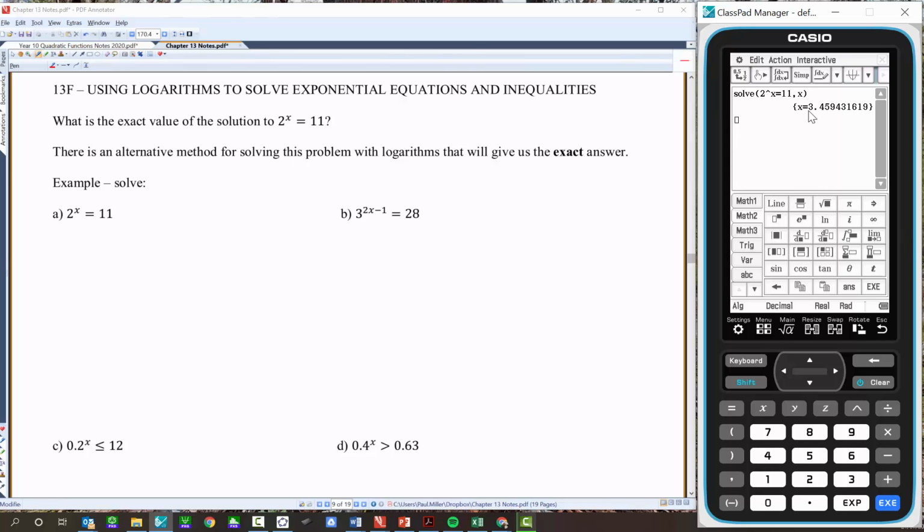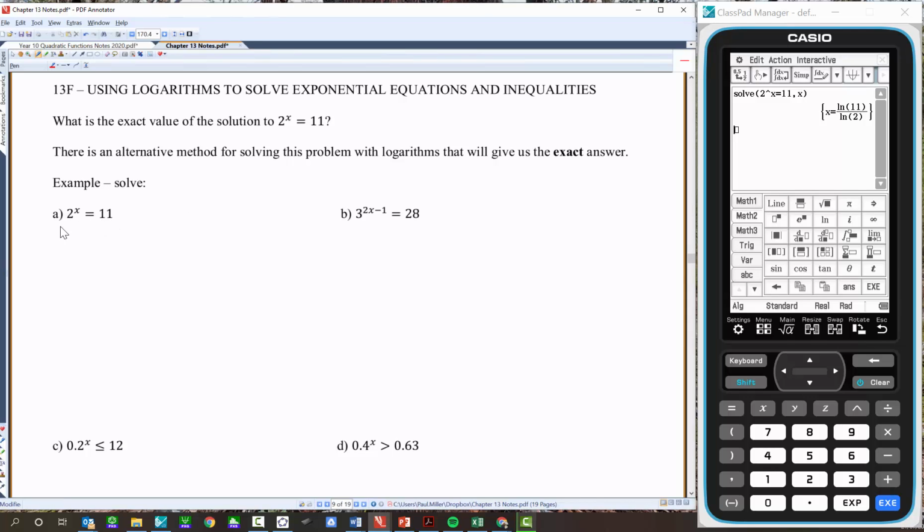Well, this says it's x equals 3.459 dot dot dot, and that continues indefinitely. I wonder what the exact answer is. Log e 11 over log e 2. Interesting. All right, so how are we going to solve these and give an exact answer?